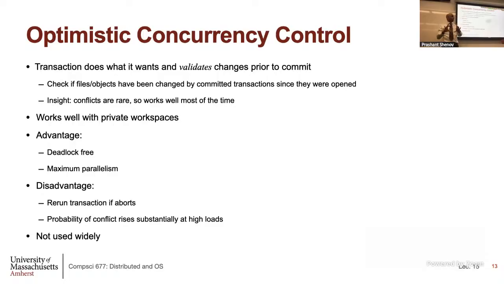When you go to merge the changes, you can see which data items you have modified, and then check if those data items were modified in the database since you started. You can keep a timestamp on the data items and say this transaction began at noon, this data item was modified after that, and this transaction also modified it, so there is a conflict. So you have many ways to detect it. We will talk about timestamp-based techniques in just a moment.